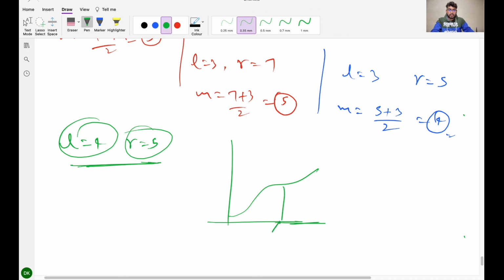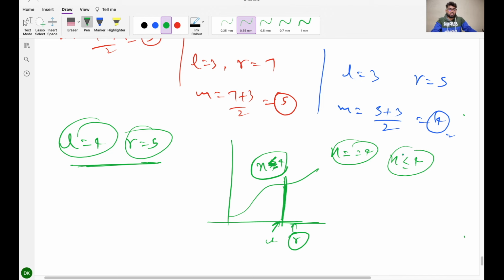This is my L, this is my R, and this is the region where the element is less than or equal to 4. That means this is the last index where x is less than or equal to 4, and R is the first index where x is greater than 4.